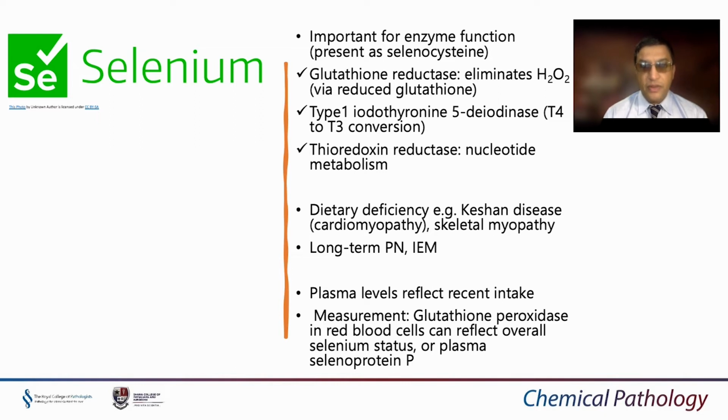Long-term parenteral nutrition, coupled with inborn errors of metabolism, can also cause deficiency. Plasma levels reflect recent selenium intake, and glutathione peroxidase, alternatively selenoprotein P, provide better measurements of selenium status.